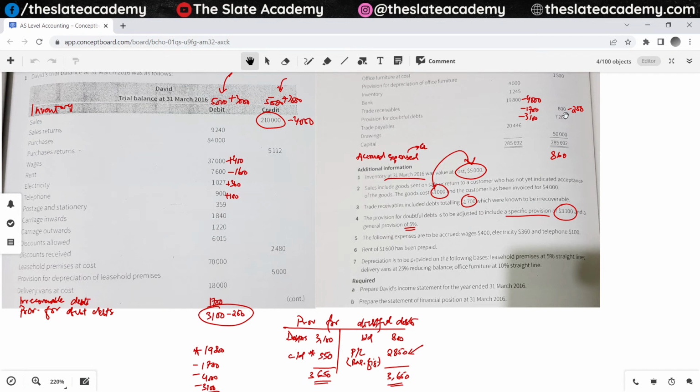How much? I will write prepaid expenses. And how much are my prepaid expenses? They are 1600. So let me move this calculation down so that we do not confuse it with the trial balance.